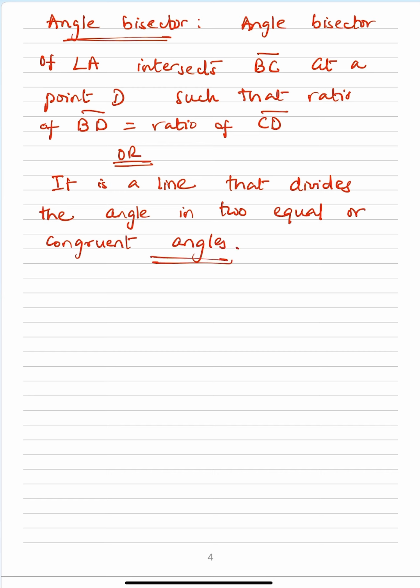That means if this triangle, it is said that AD is a bisector, then it is a bisector of angle A also, which is dividing it into two equal angles. It is dividing the angle A into equal angles. So these terms you should remember always.